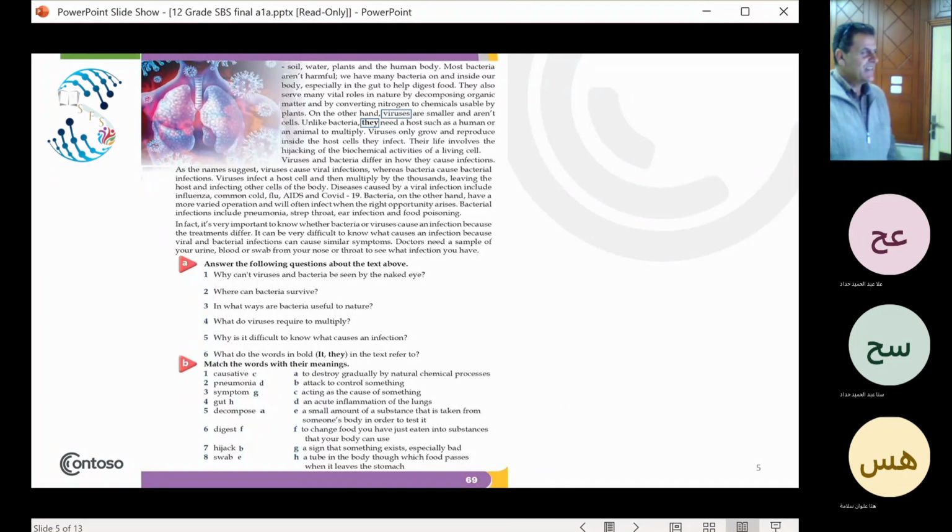In fact, it's very important to know whether bacteria or virus cause an infection because the treatments differ. It can be very difficult to know what causes an infection because the viral and bacterial infection can cause similar symptoms.